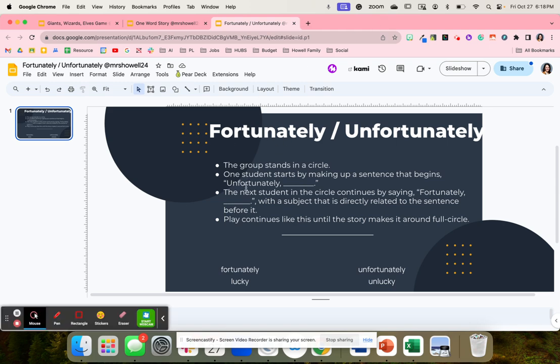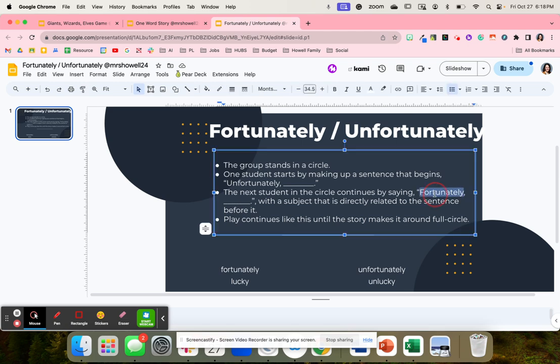Unfortunately, fortunately. This is another fun one where students will stand in a circle in a small group, and one student will start the sentence, and then students will continue the sentence. So, for example, one student might say, "Unfortunately, I forgot to do my homework." Then the next student says, "Fortunately, my dog ate it." And then the next student goes, "Unfortunately, my dad got mad at me.